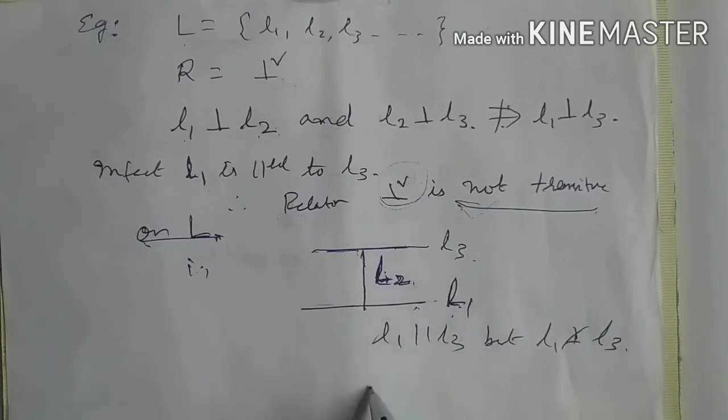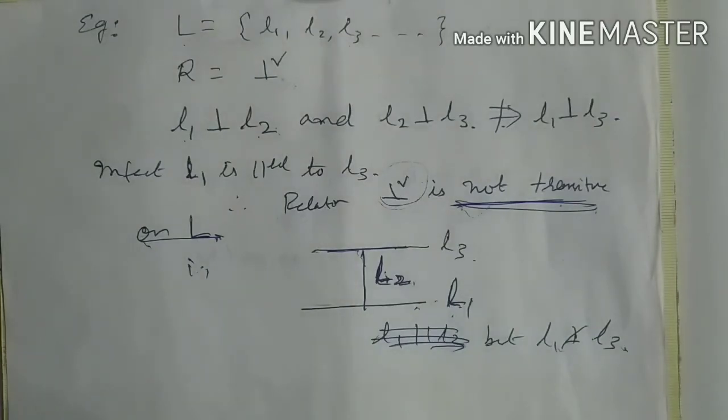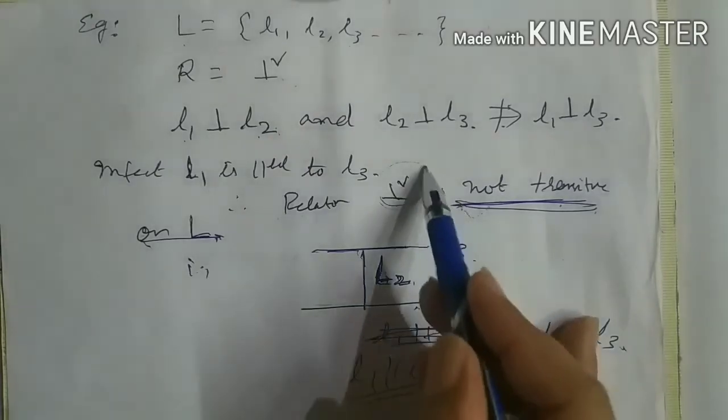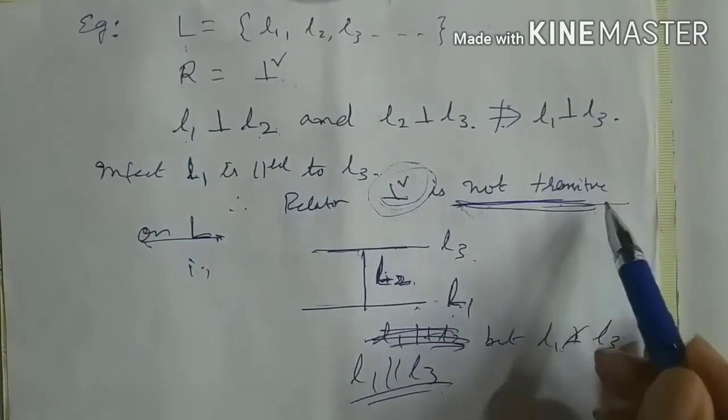Therefore, the perpendicular relation on the set of lines L is not transitive.